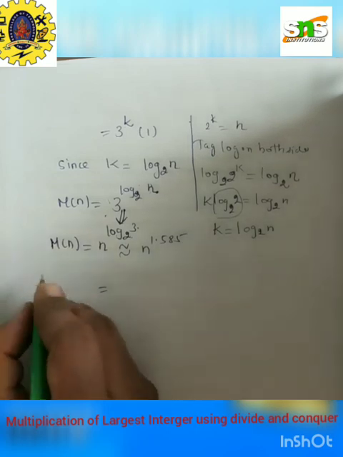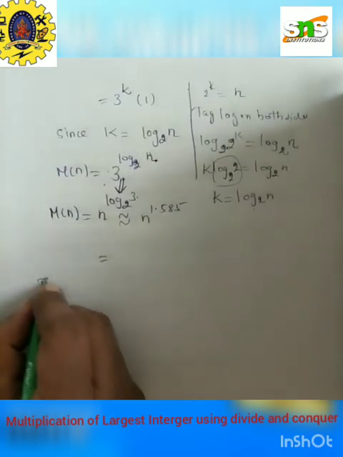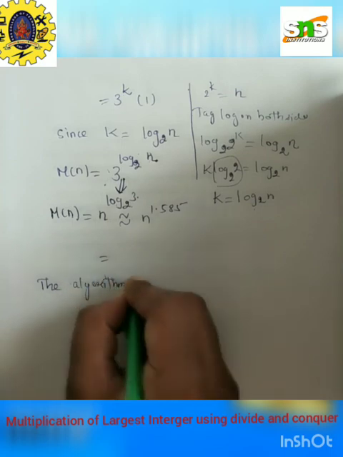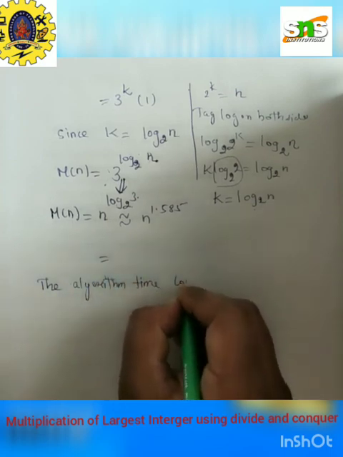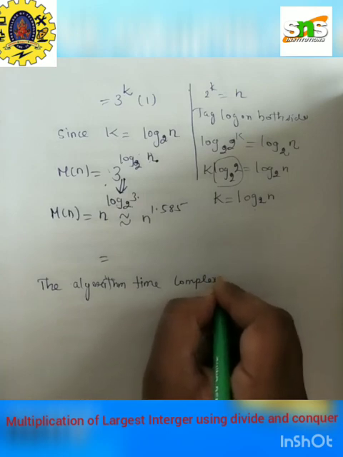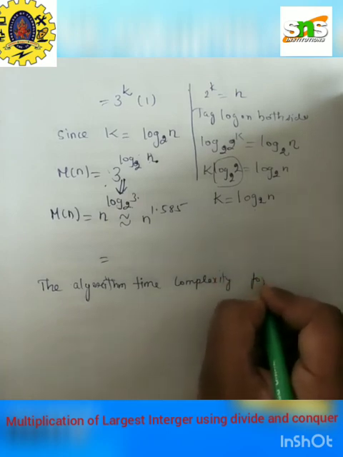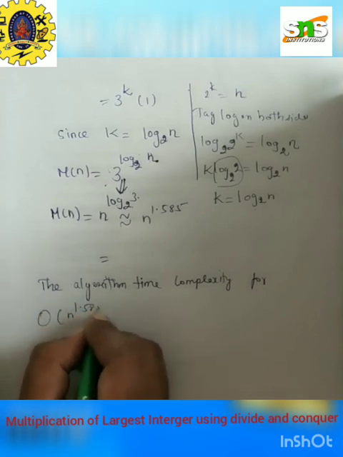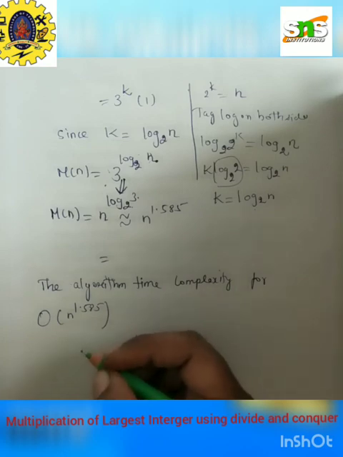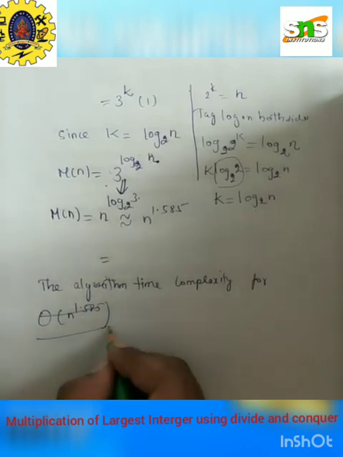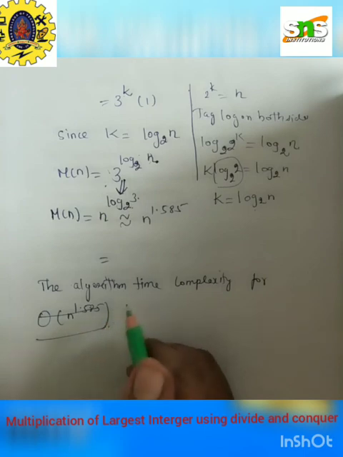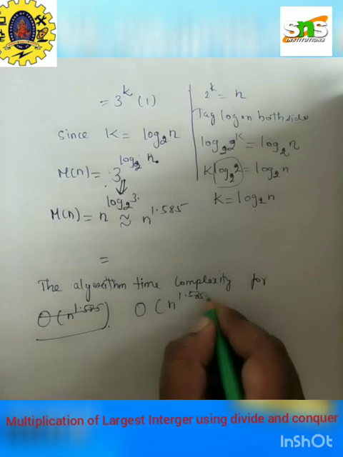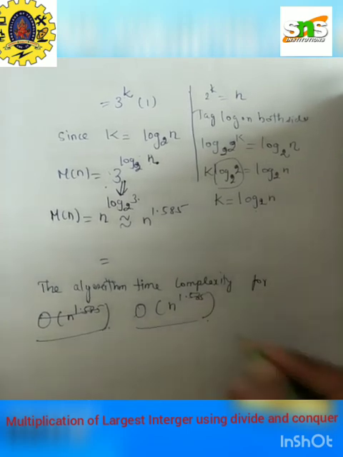So the time complexity of the algorithm for multiplying large integers using divide and conquer is order of n power 1.585. Once again, order of n power 1.585. Okay, this is the time complexity. Thank you.